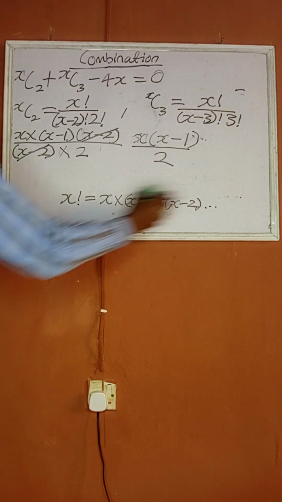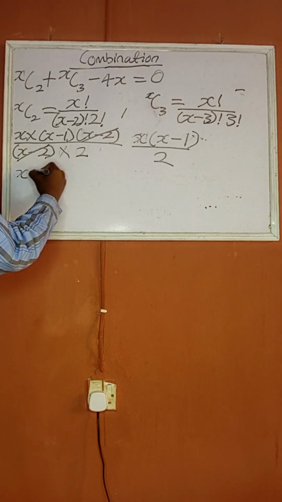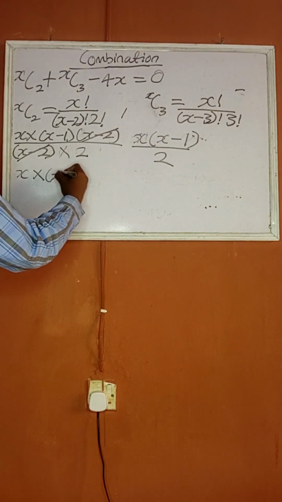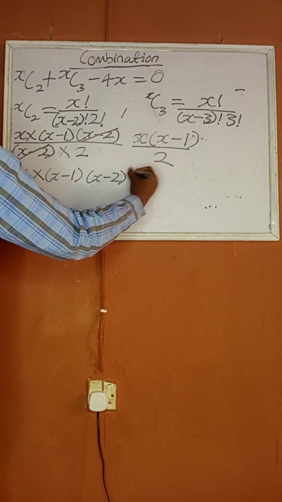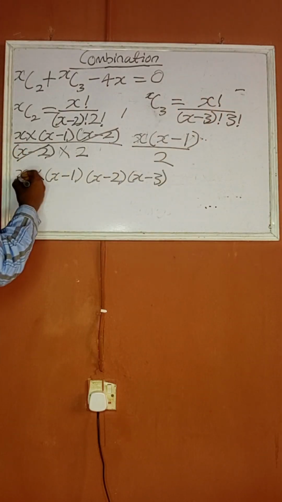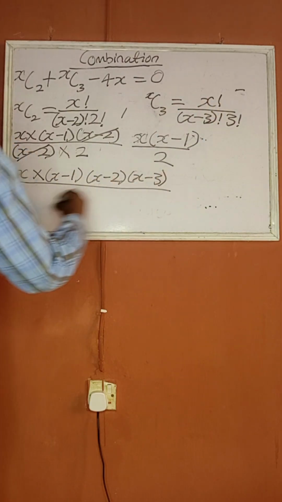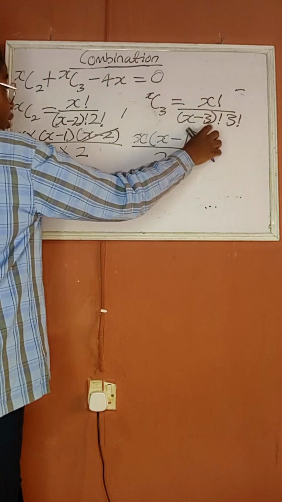So that's for the first one. For the next one, which is x combination 3, is going to be x times x minus 1 times x minus 2 times x minus 3, and so on. So all over, there is x minus 3 here. This is factorial x minus 3.